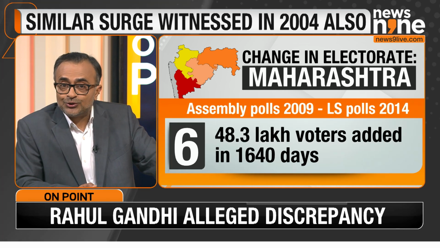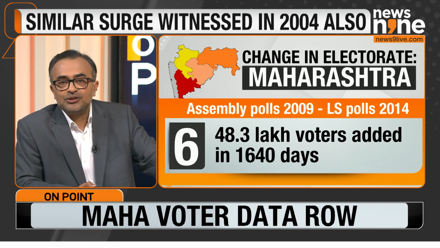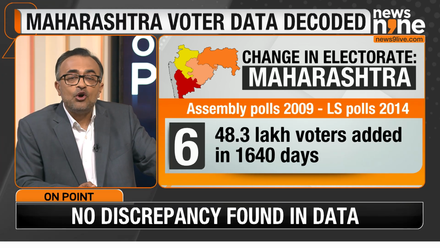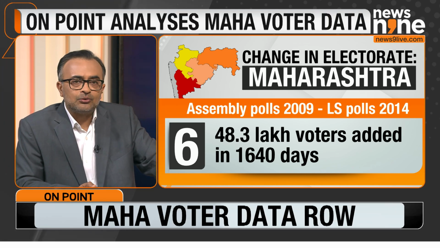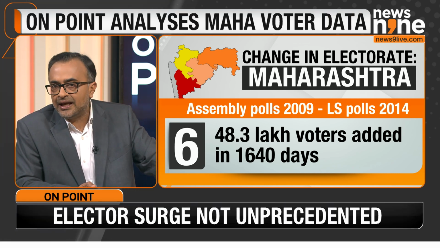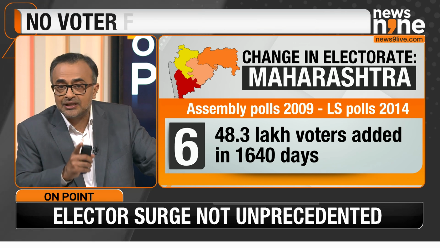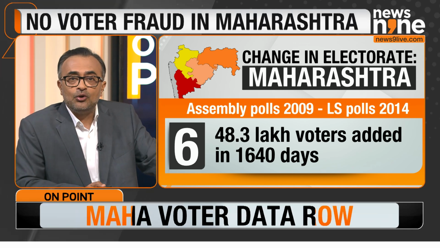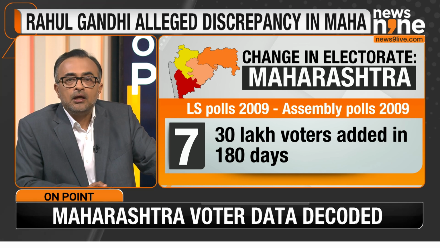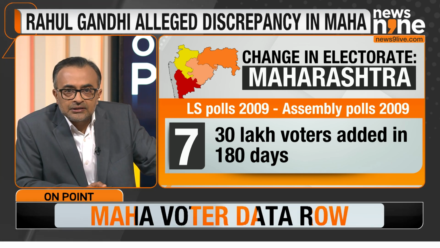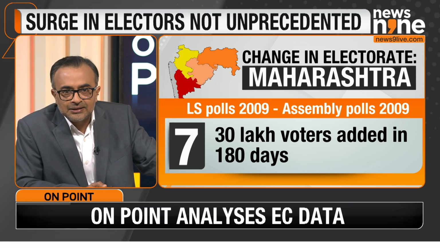Between Assembly polls 2009 and Lok Sabha polls 2014, 48.3 lakh voters were added in 1,640 days. Yes, 1,640 days. Between Lok Sabha polls 2009 and Assembly polls 2009, 30 lakh voters were added in 180 days.